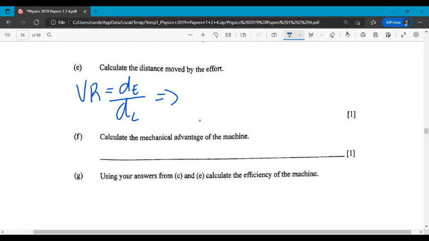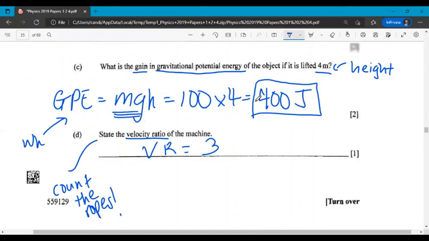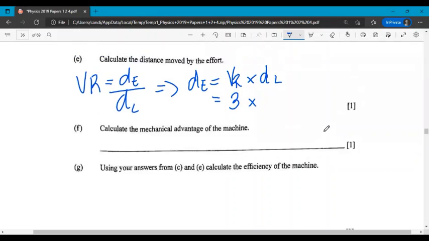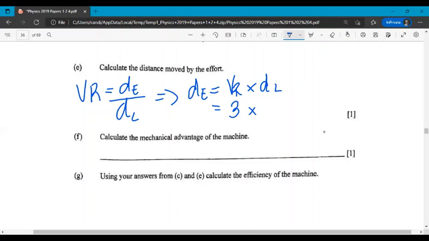If we rearrange that, the distance moved by the effort is velocity ratio multiplied by the distance moved by the load. We just determined that the velocity ratio is 3, and the distance moved by the load is the 4 meters that the load was lifted. So multiply that by 4, and that gives us 12 meters.